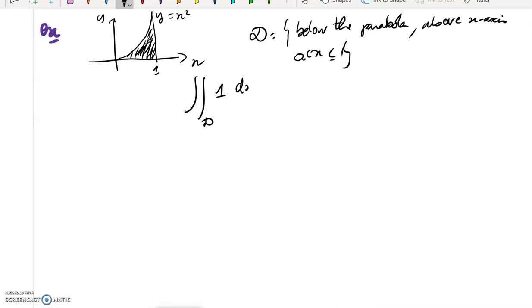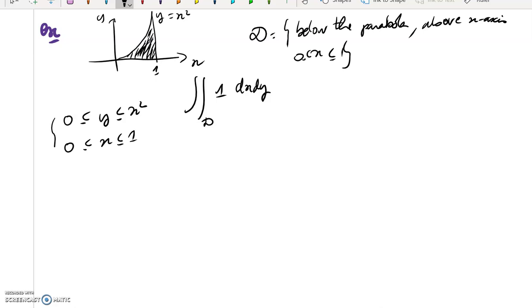Maybe you have learned last year that integrating the constant one function gives the area of the corresponding domain, but we'll talk about that later on. So how do I describe this domain? y is going to be bigger than 0 but smaller than x², and x in that case should be between 0 and 1.